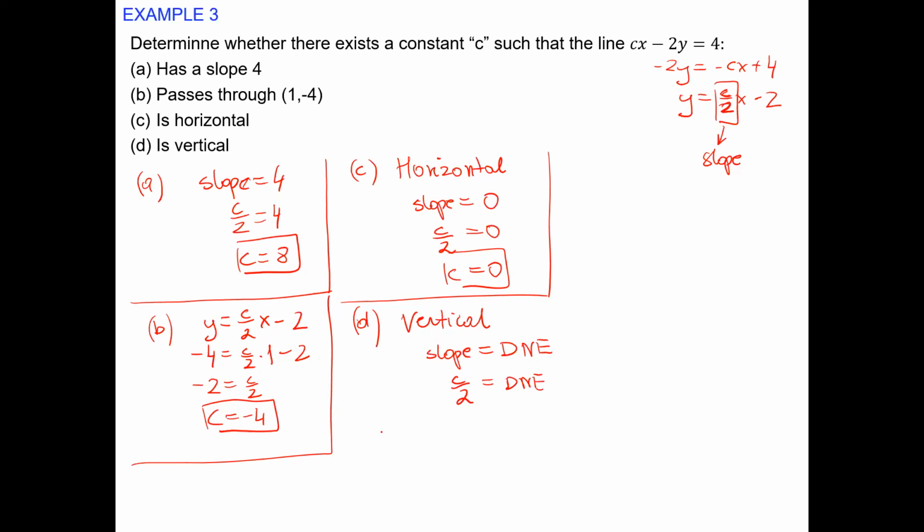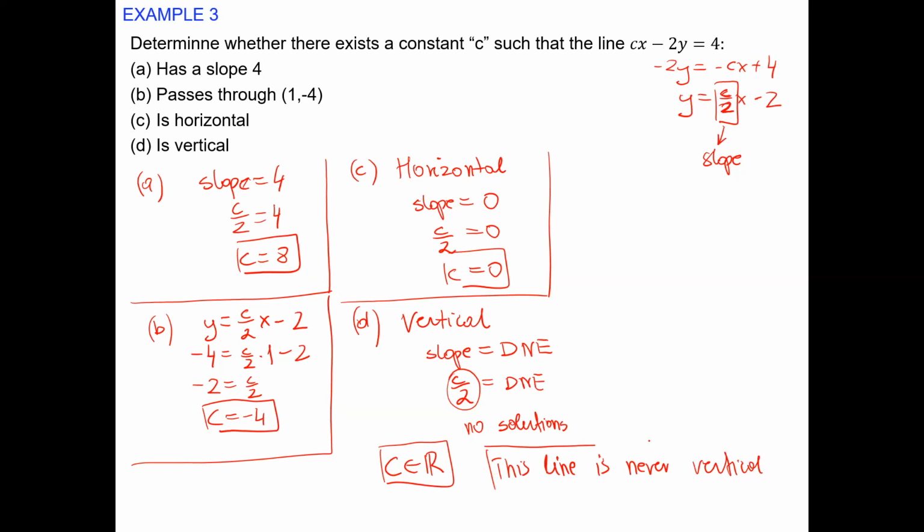That means we have no solutions because this expression is always defined. c could be any real number. This line is never vertical, because c is a real number and the slope is a real number.